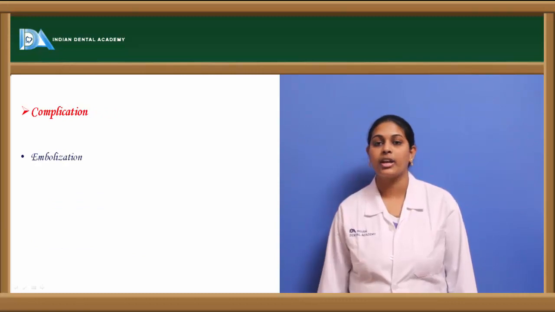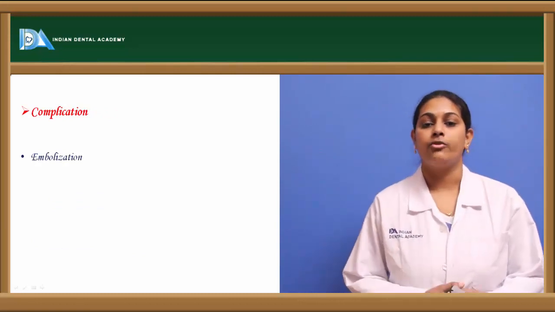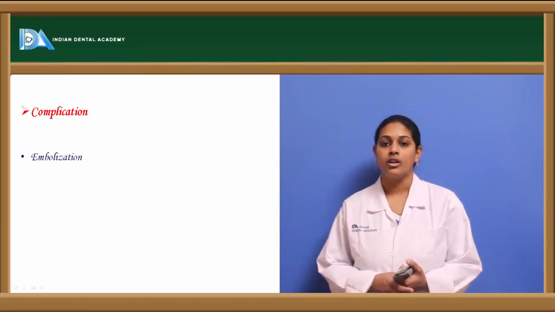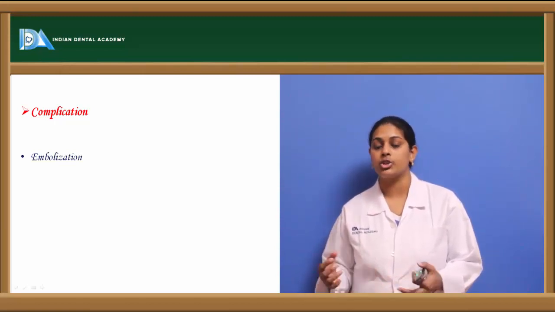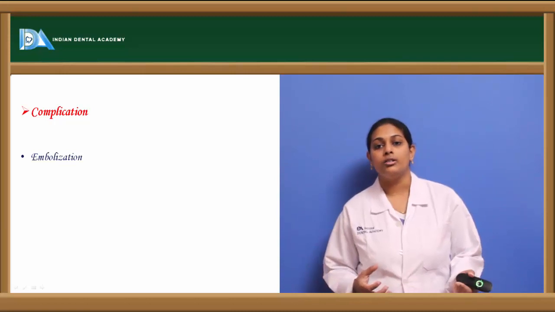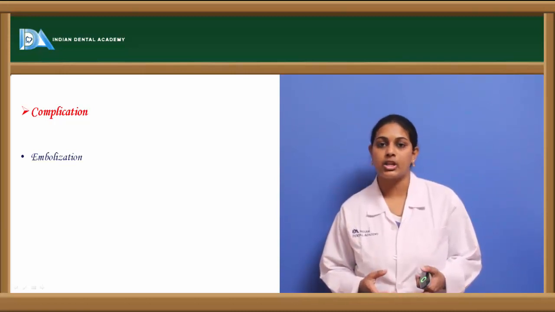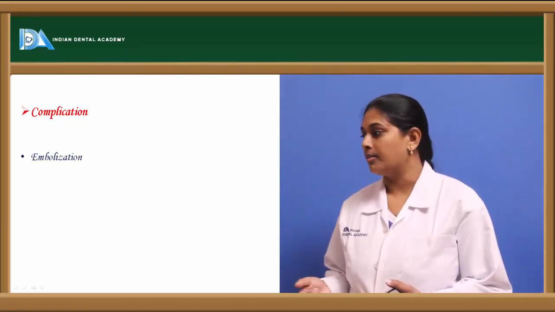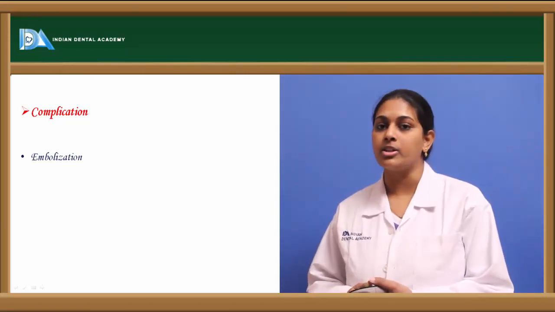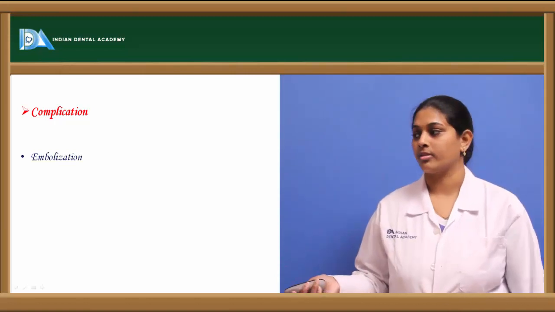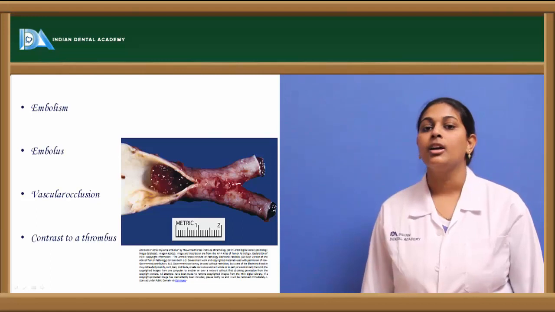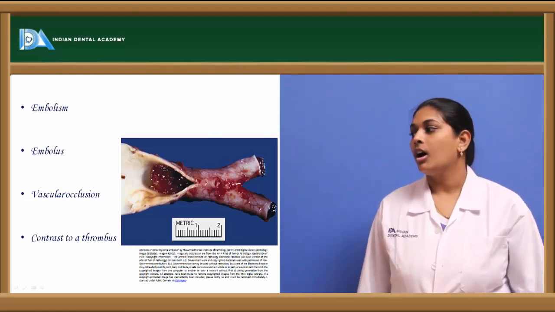Coming to the complications, embolization, that is the localization of an embolus in a particular area. An embolus is nothing but a dislodged thrombus, a thrombus moved from its actual site along with the circulating blood flow to a site other than its site of origin. This is the complication. Coming to embolism, embolism is the formation of an embolus.